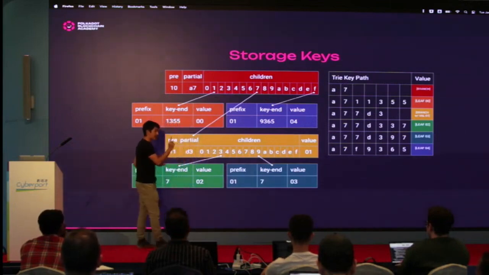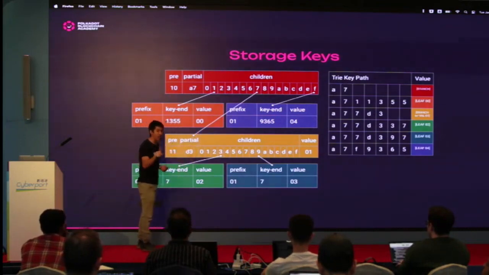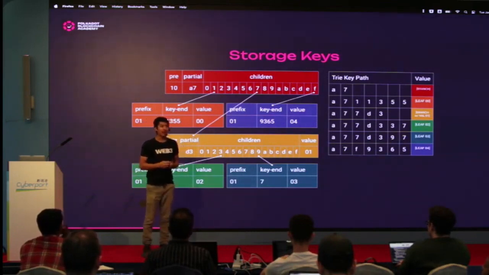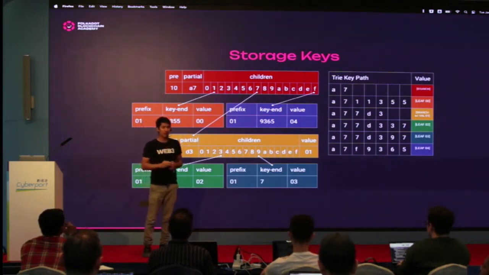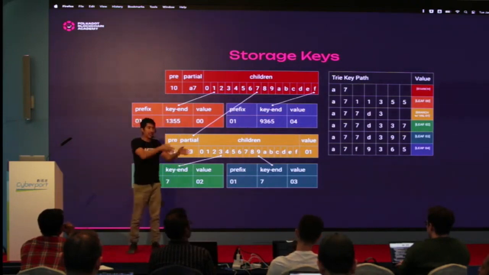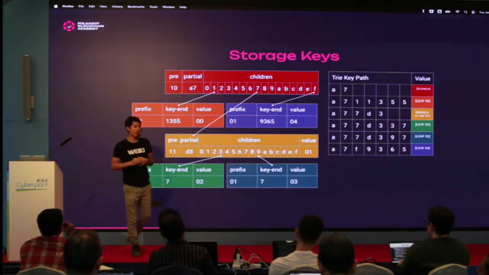You can find that the database key which got you this information is the hash of this value. What does that mean? That means if there's ever duplicate data in your Merkle tree, you only have one copy of it. You have a value, it has a hash, that's the key. 1 million people can reference that data. You only need it one time.